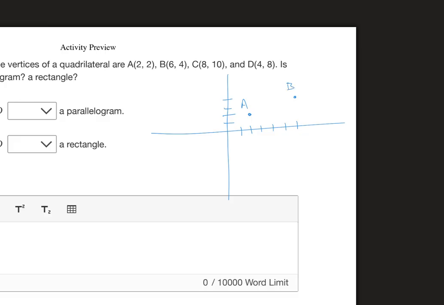C is 8, 10, so we're already at 6, 7, 8, 10, okay. 5, 6, 7, 8, 9, 10. Way up there. That's C. And then D is 4, 8, so there's 4, and then 8 is right here.